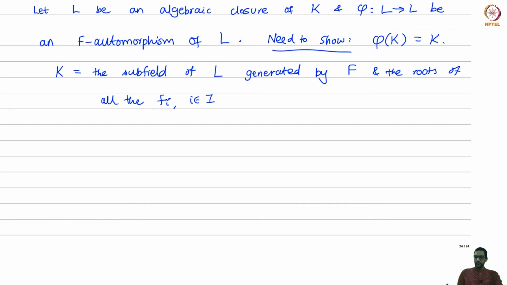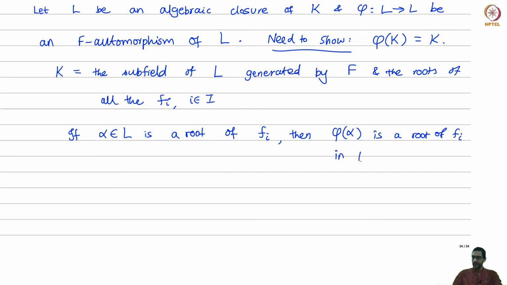But we observed the following statement in the proof of the uniqueness of splitting fields, that if alpha in L is a root of f_i, then phi alpha is also a root of f_i, in this case again in L.